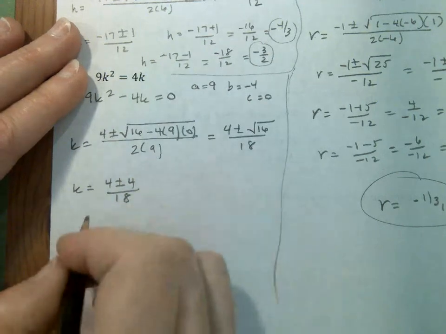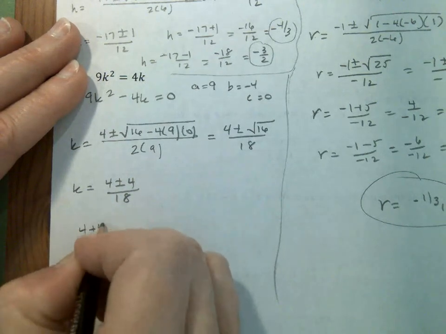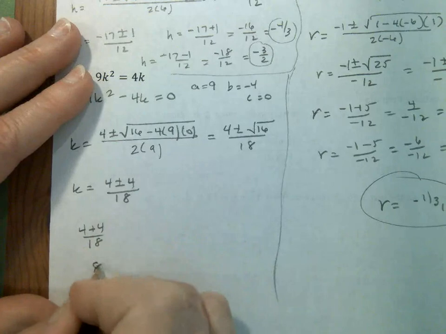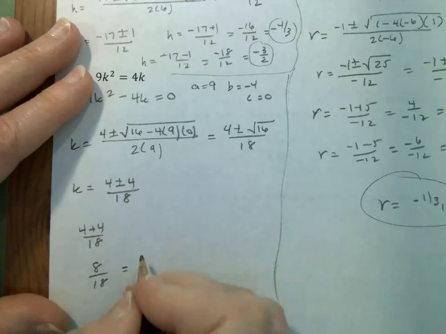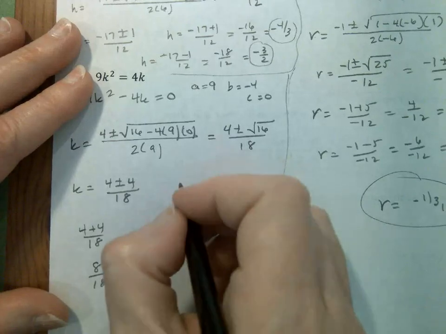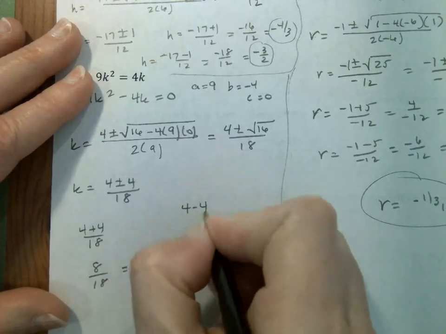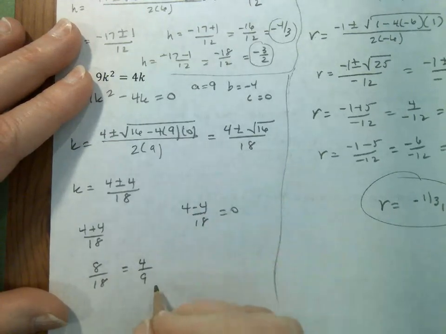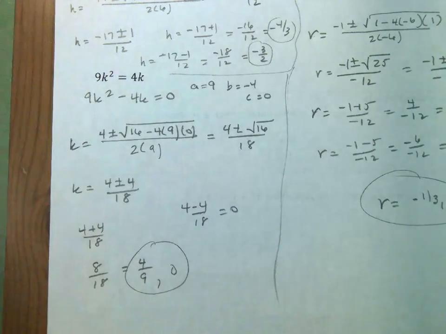Okay, so then I have 4 plus 4 over 18, which is 8 over 18, which is, if I divide them both in half, 4 over 9. So there's one solution. And then I have 4 minus 4 over 18, which is equal to 0. So those are my two solutions.